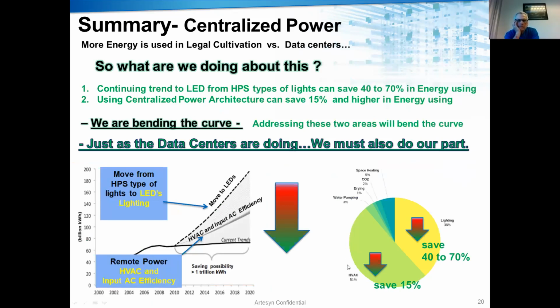Hopefully this circle will start to be a little more equal, and then we can tackle some other parts of it. But if we continue working on going to LEDs, getting the power out of the grow areas, and having efficient inputs, I think we will do our part also.